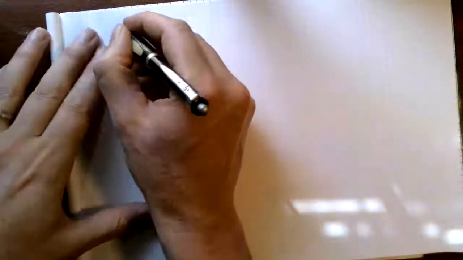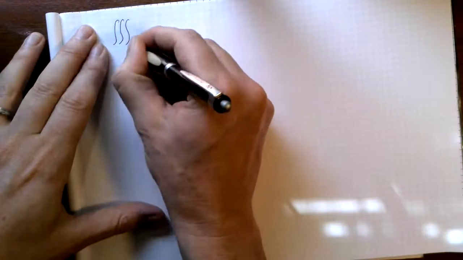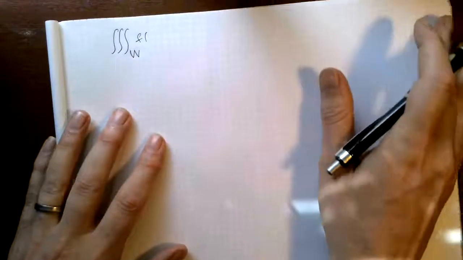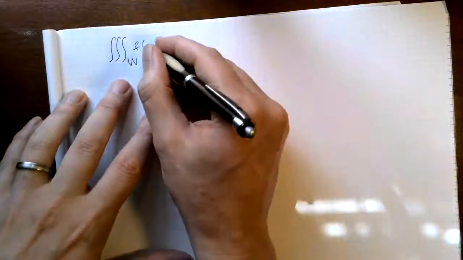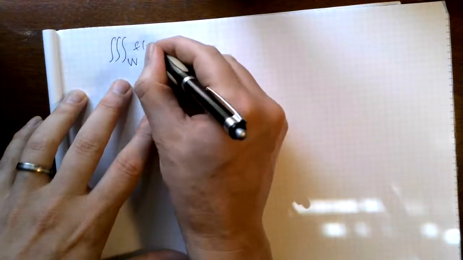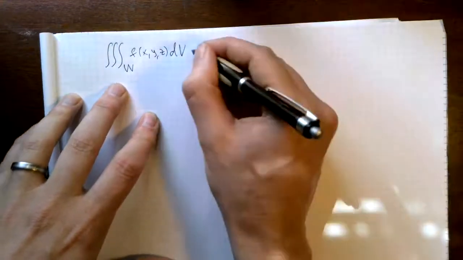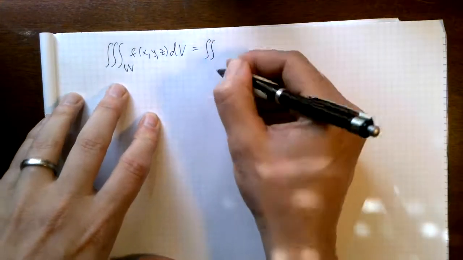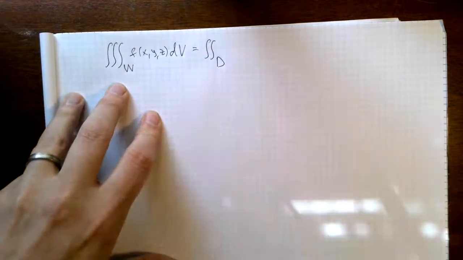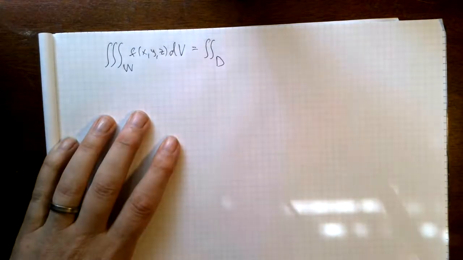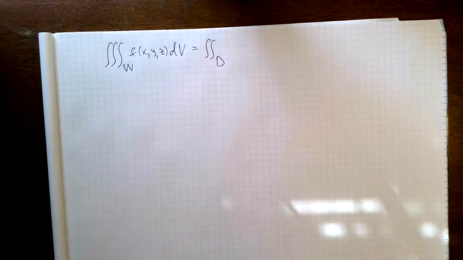So then we have the integral over W of f(x, y, z) dV, right? This is going to be however you integrate over D, which is going to be in terms of either r, theta or however you're doing it.